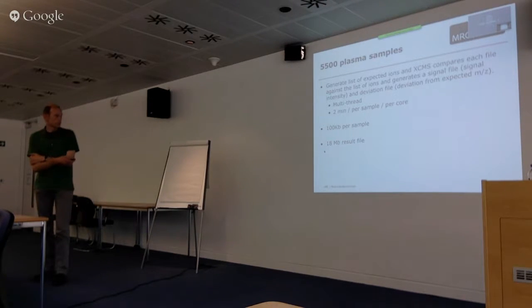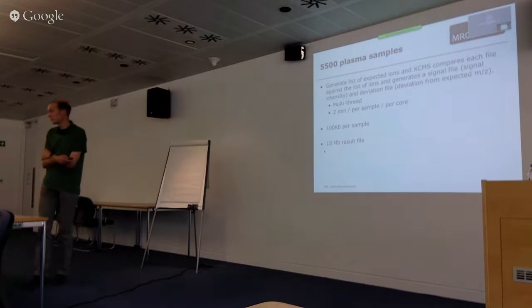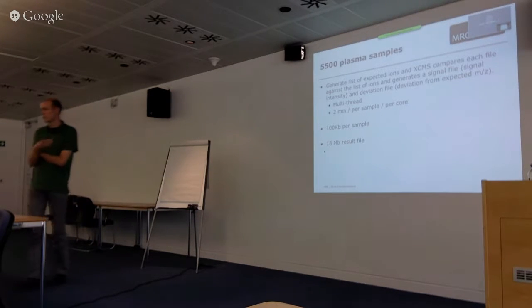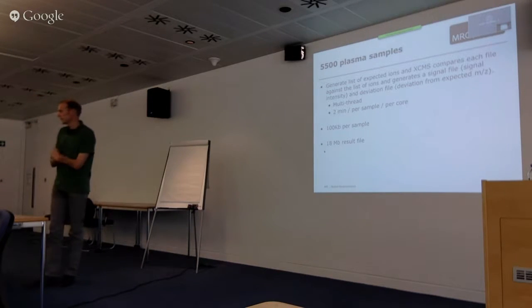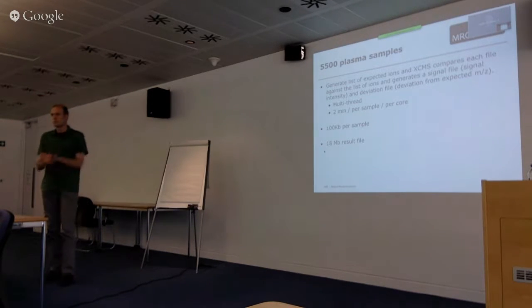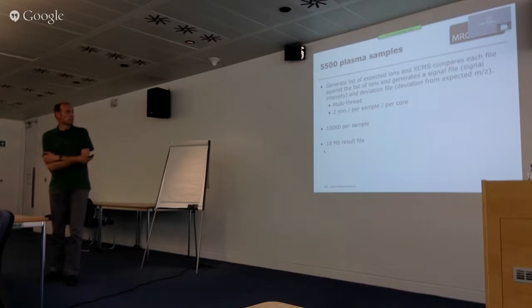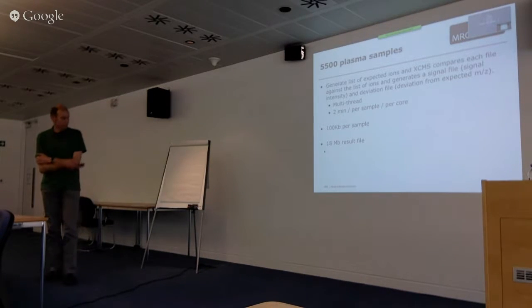But still, the results files are quite small compared to the original data file. So the big result file of the whole study is smaller than the data file of one sample. So that's the amount of room we have to think about data compression.